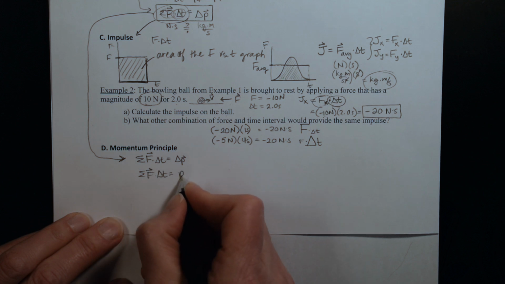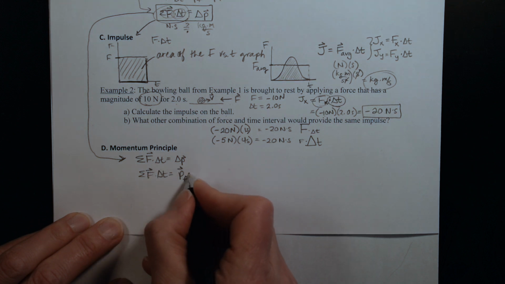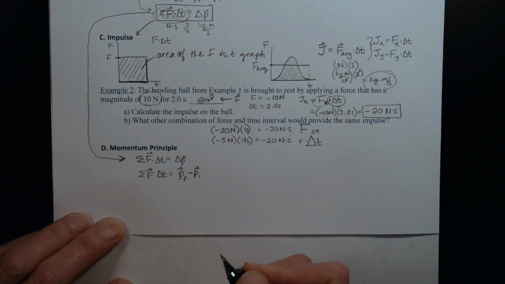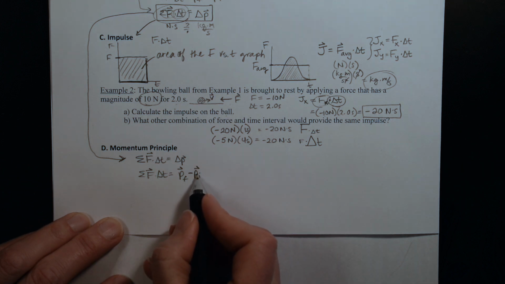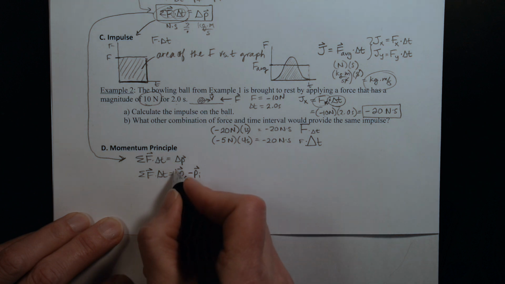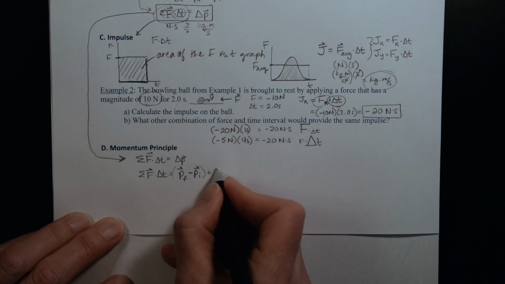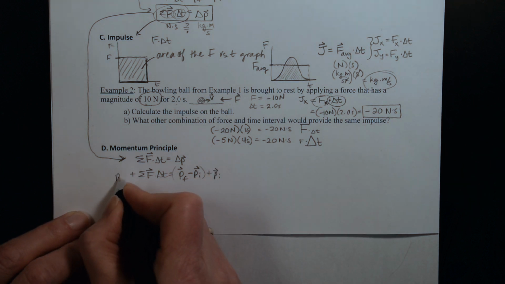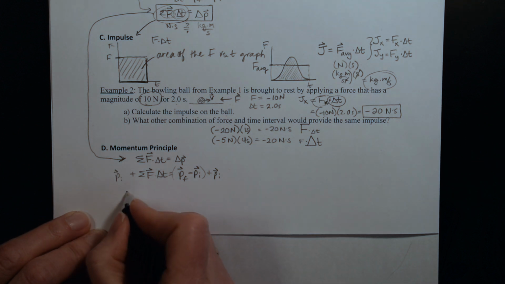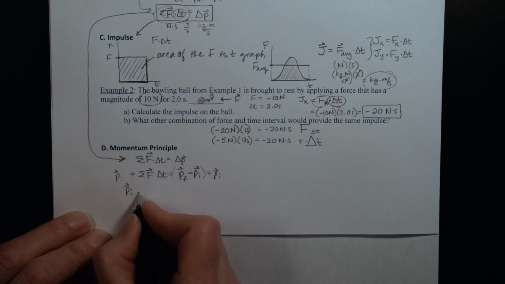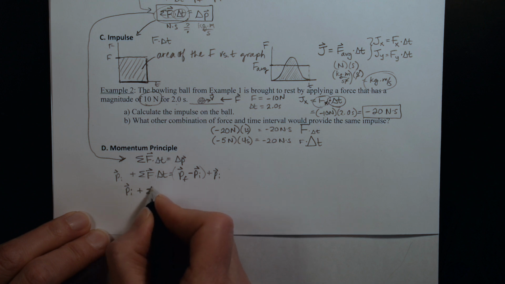So change in momentum becomes final momentum minus initial momentum. And then I'm going to add the initial momentum to both sides of the equation.